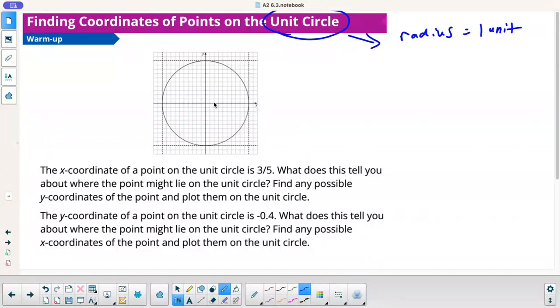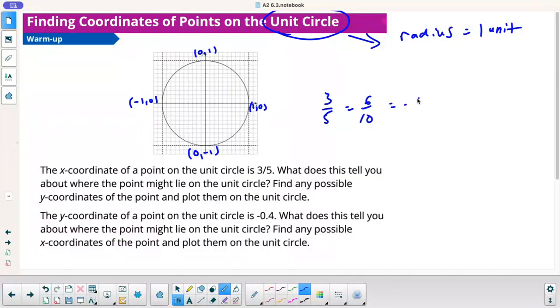If you count the blocks there, I think there's 10 of them. So every block is 0.1. So this would be 1, 0 here. This would be 0, 1. This is -1, 0. And this is 0, -1. So 3/5 would mean, remember, 3/5 is the same as 6 out of 10.